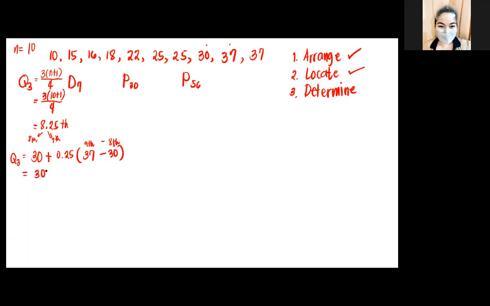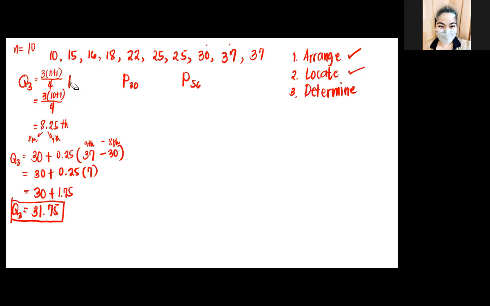Your difference is 7. So 0.25 times 7 is 1.75. That is 31.75. Now our Q sub 3 is 31.75.